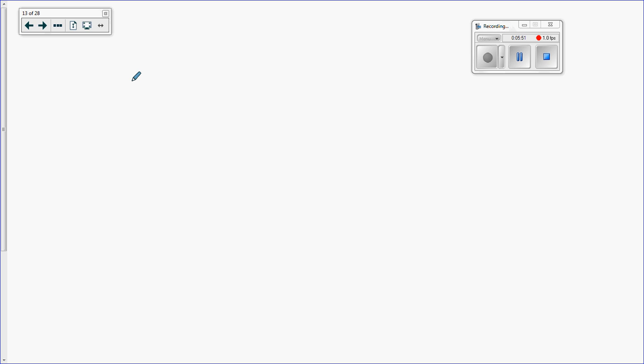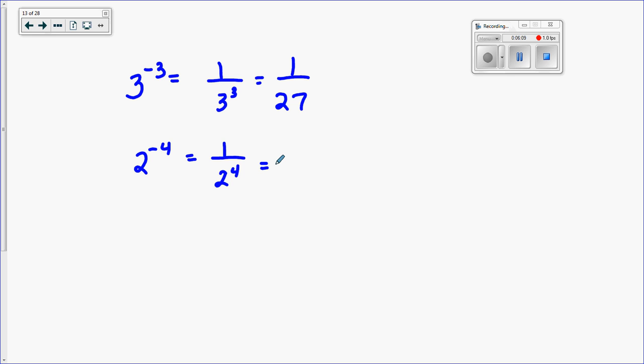So in other words, 3 to the negative third means 1 over 3 to the third, which is 1 over 27. 2 to the negative 4 is 1 over 2 to the fourth, which is 1 over 16.